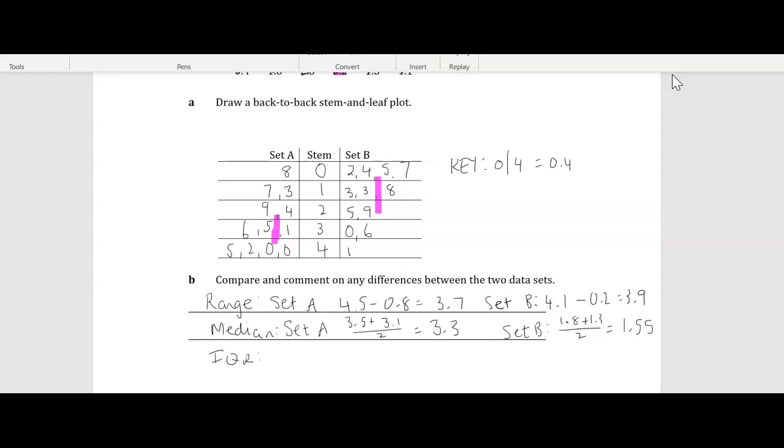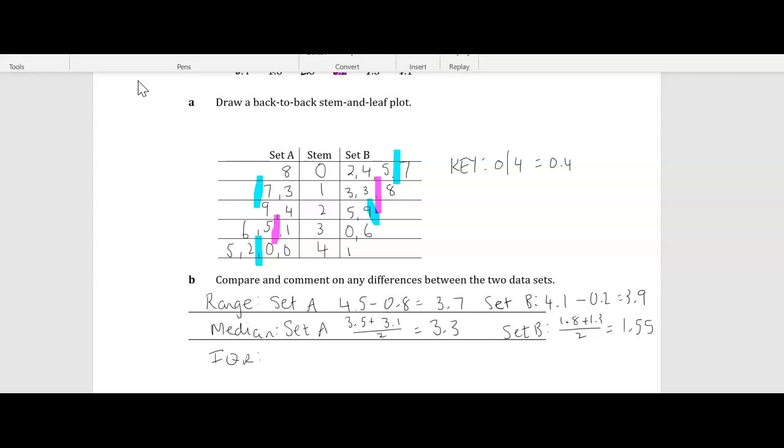Sorry, I'm just making sure I've counted correctly. 1, 2, 3, so it's a bit easier. All right, so got to do the upper half too. 1, 2, 3, and 1, 2, 3.